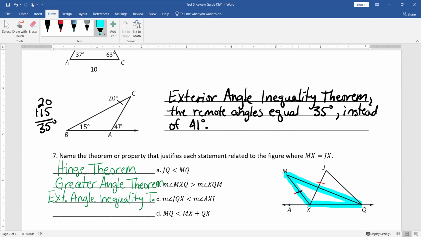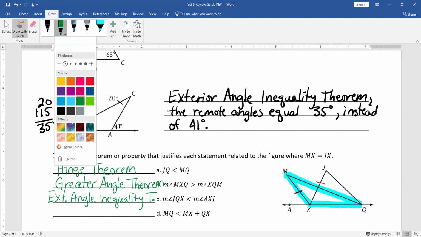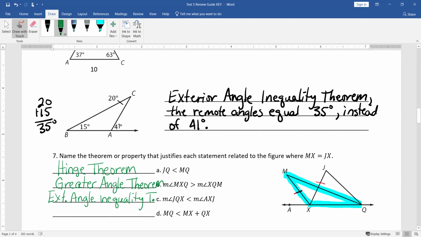Maybe comparison? Oh, it's just the triangle inequality theorem. It doesn't have anything to do with the, there it is. So the triangle inequality theorem just means that no side can be larger than the sum of the other two.